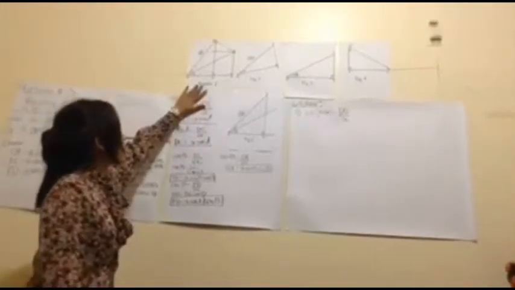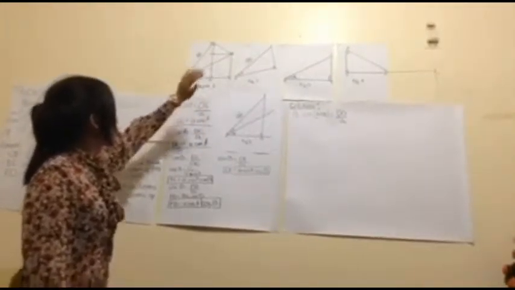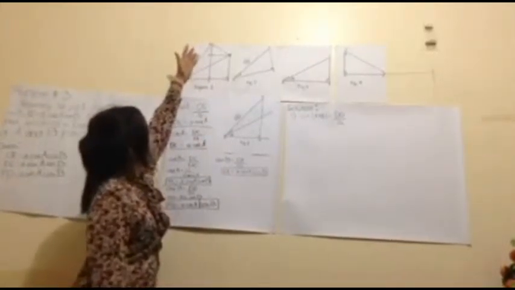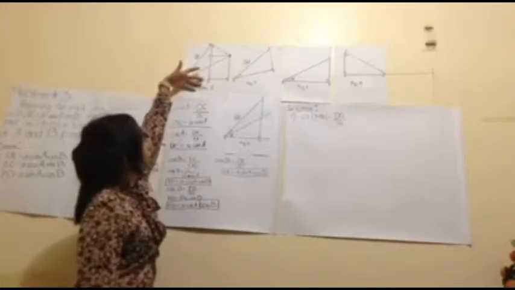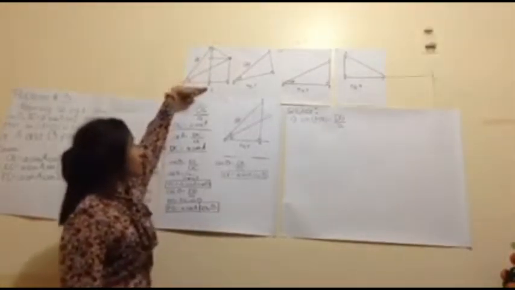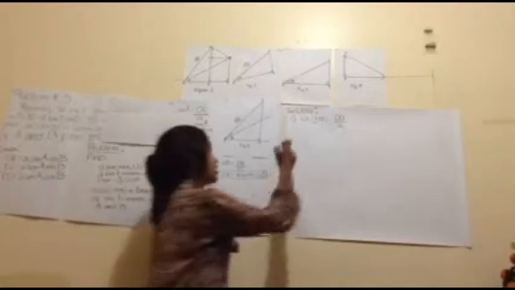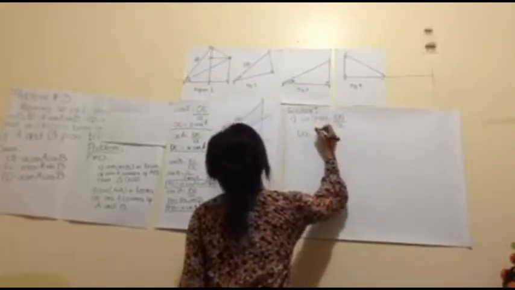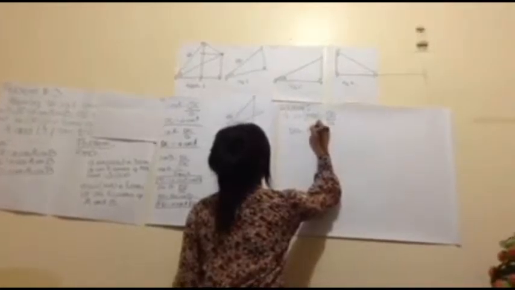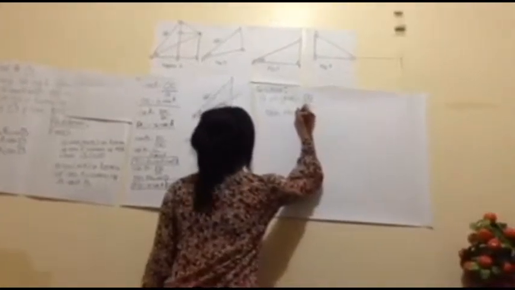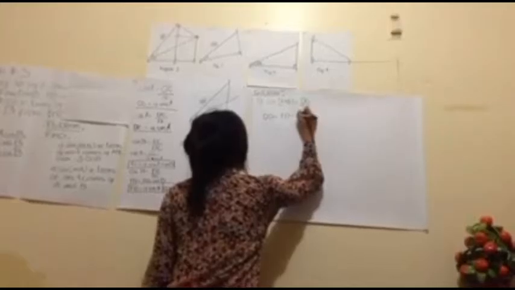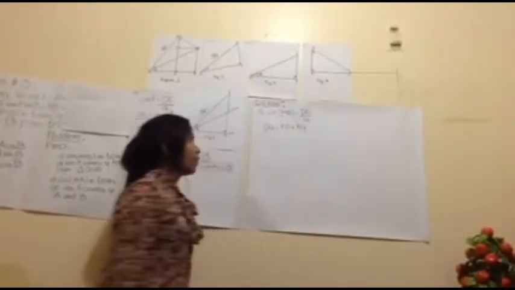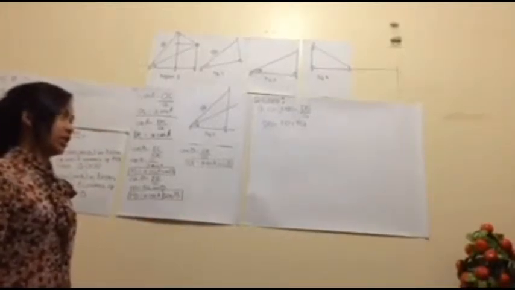So, figure number 1 here is the original figure. As we can see here, DG is composed of DF and FG. So, therefore, DG is the sum of FD and FG. Now, that is the value for DG.